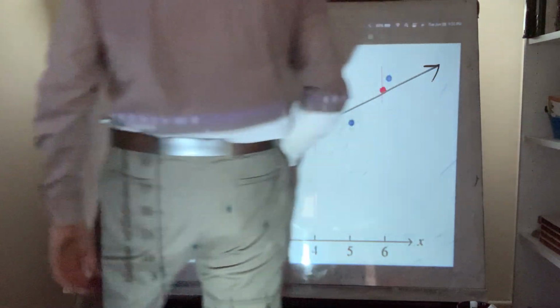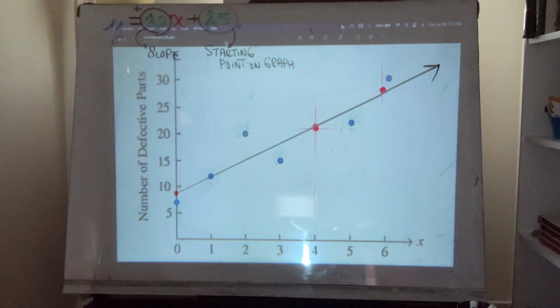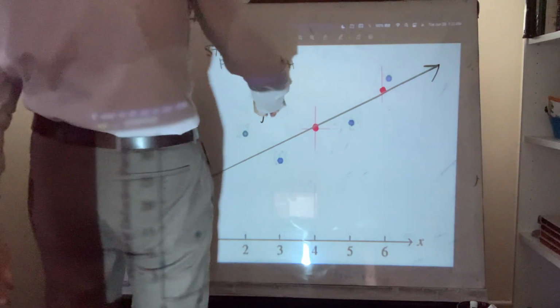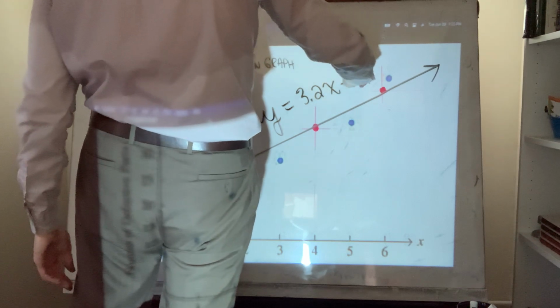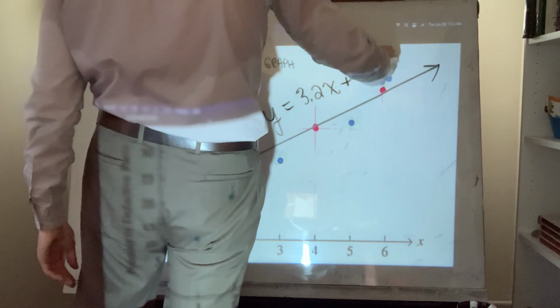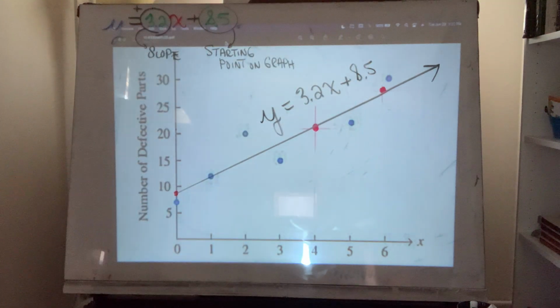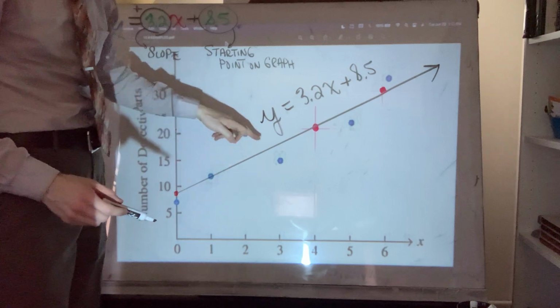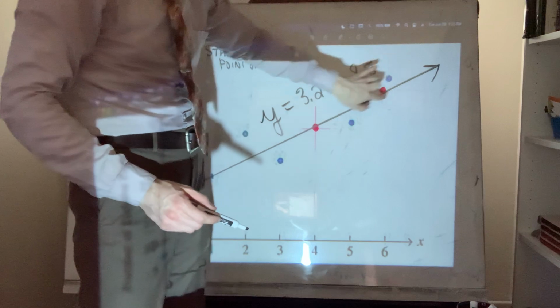An arrow here. I can technically cut it off here. y is equal to 3.2x plus 8.5. And as you can see, this line is in the middle between these scatter points.